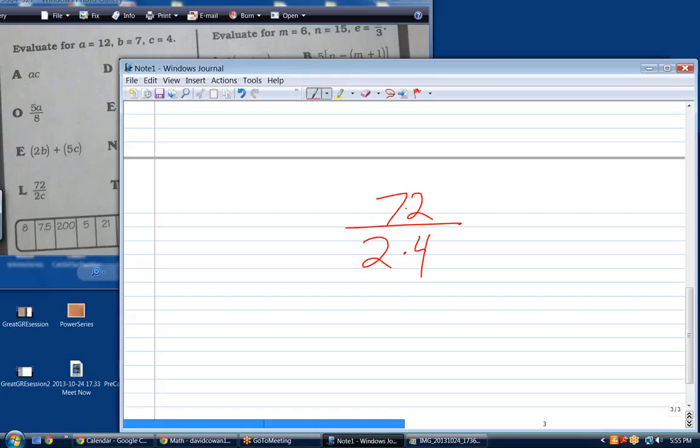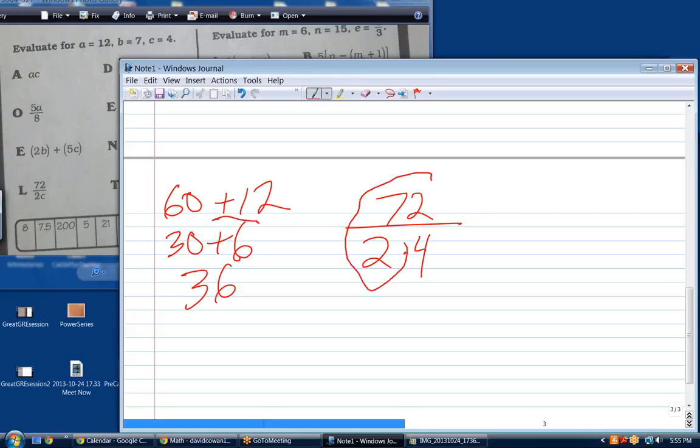Remember I taught you how to cut odd numbers in half? Think of 72 as 60 plus 12. You cut that in half, you get 30 plus 6. So 36 is 72 divided by 2. So that would make it 36 divided by 4, which is what?